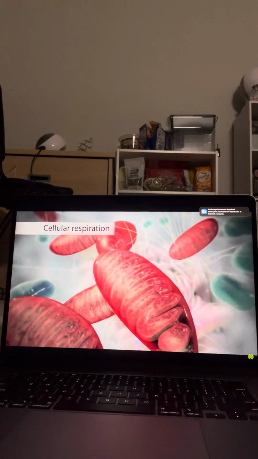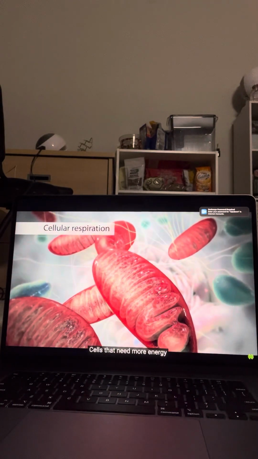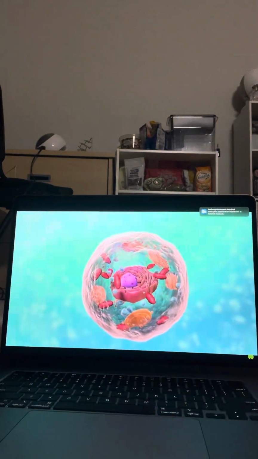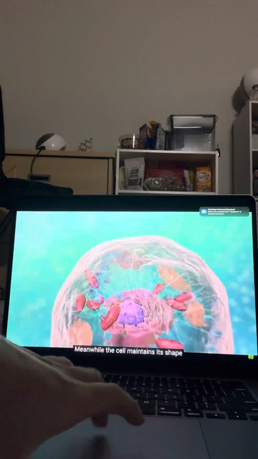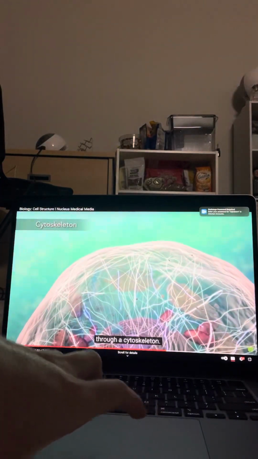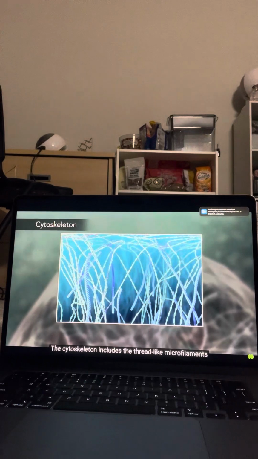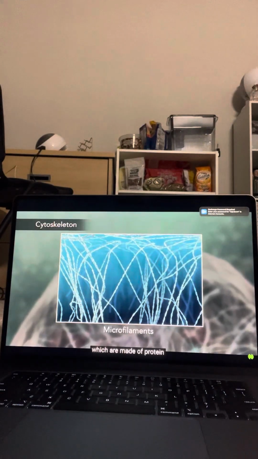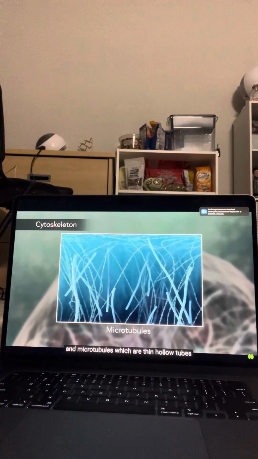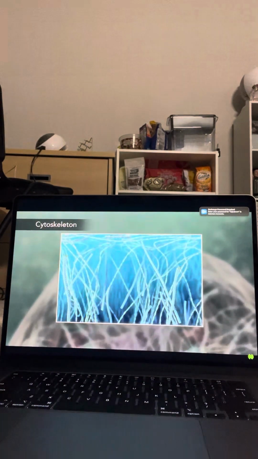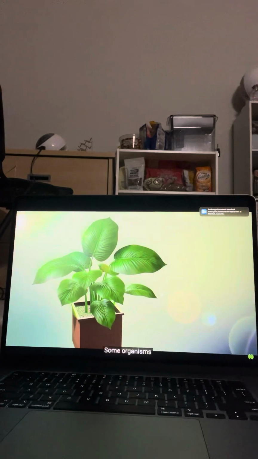The cytoskeleton acts like the skeleton of the human body, and for cells to maintain its shape. It's a network of protein fibers called macrofilaments or microfilaments that maintains cell shape, secures organelles, and controls vesicles and cell movement.